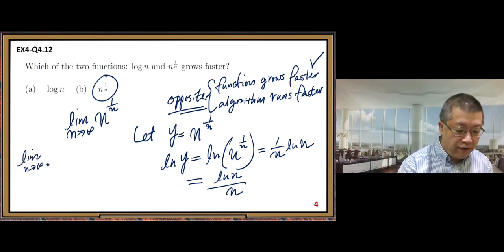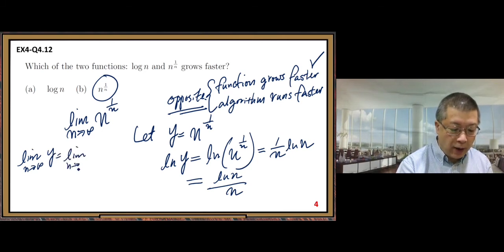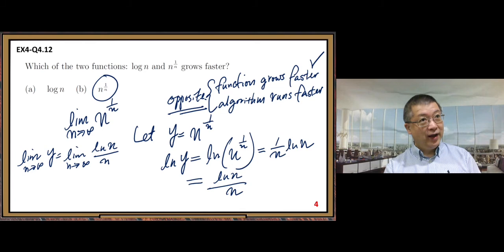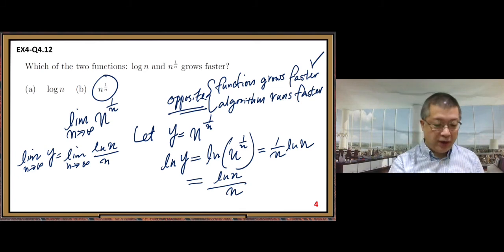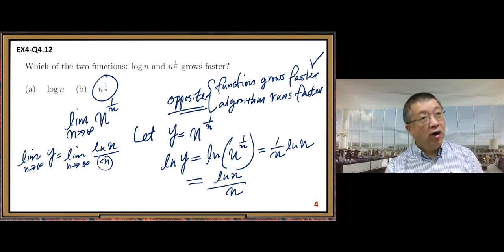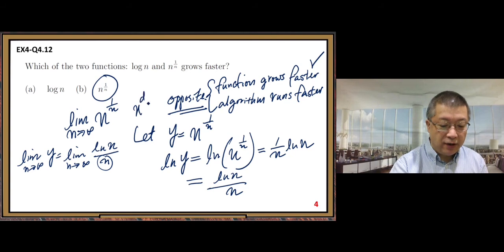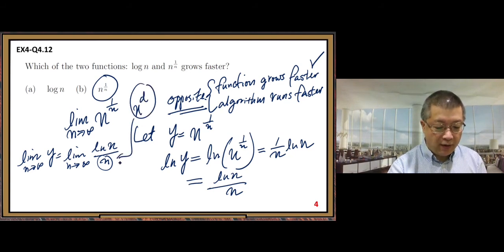We did that before: compare the log function with a power function, n to the d with d positive. That limit equals 0.